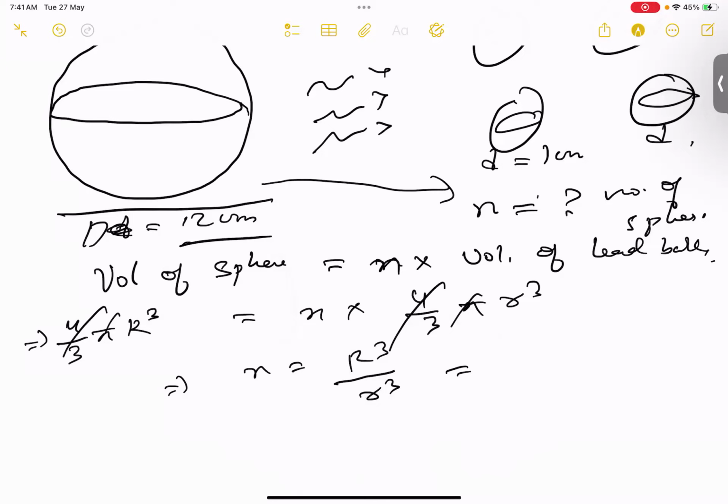Radius is, diameter is 12 centimeters, so radius will be half of that, right? It will be 6 into 6 into 6, divided by, for the small one the diameter is 1 centimeter, so it will be 1 by 2 into 1 by 2 into 1 by 2, right? So 6 into 6 into 6 is equal to 216.